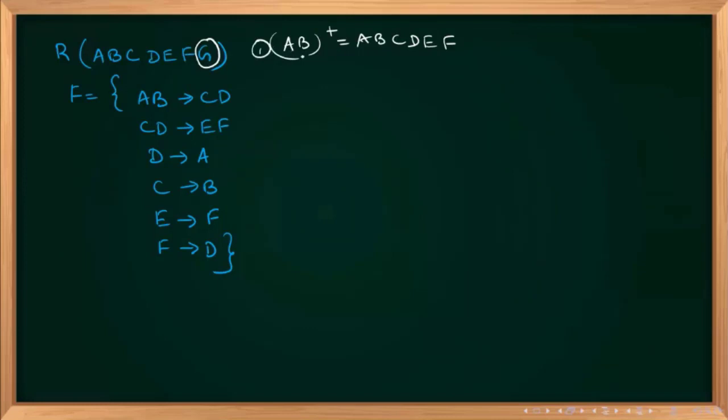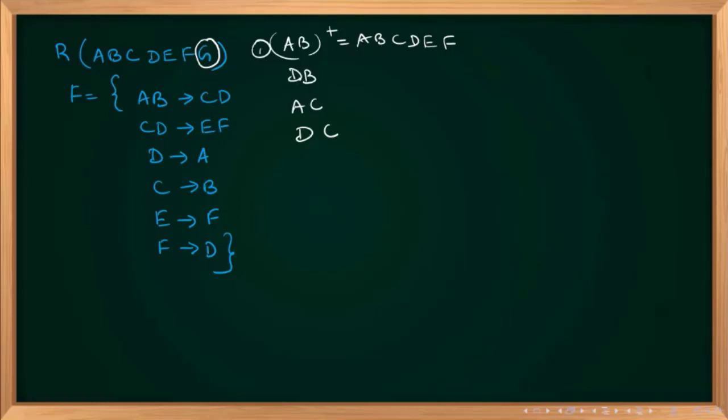First one I got AB. Instead of A, I can substitute D, so it will become DB. Now instead of B, I can substitute C, so AC and DC. Now instead of C, I can substitute this one, AB, but AB is already there.